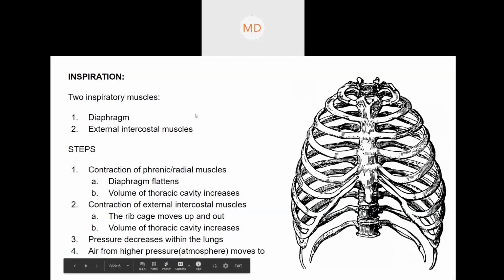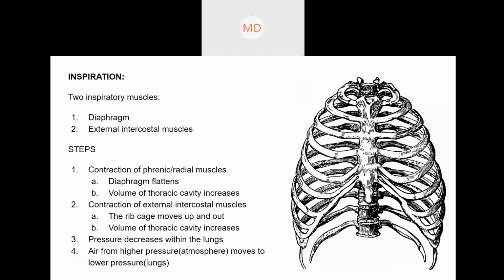Initially, the phrenic muscles, along the periphery, contract, and the diaphragm becomes flattened. As a result, the thoracic cavity increases. Next, the external intercostal muscles contract, and what will they do? They will move the rib cage up and outside. Therefore, again the thoracic cavity increases, which means the pressure within the lung decreases.